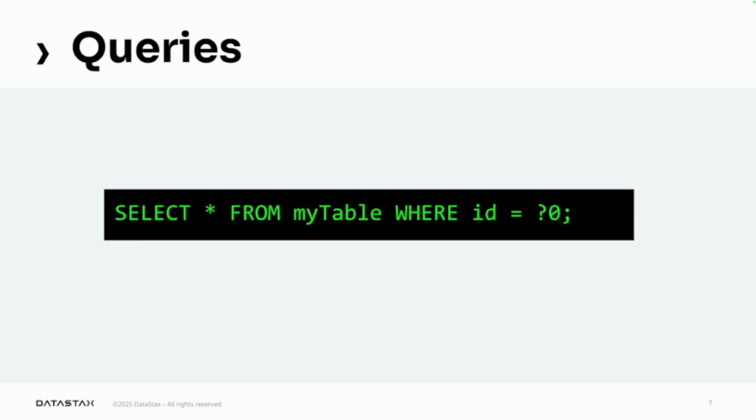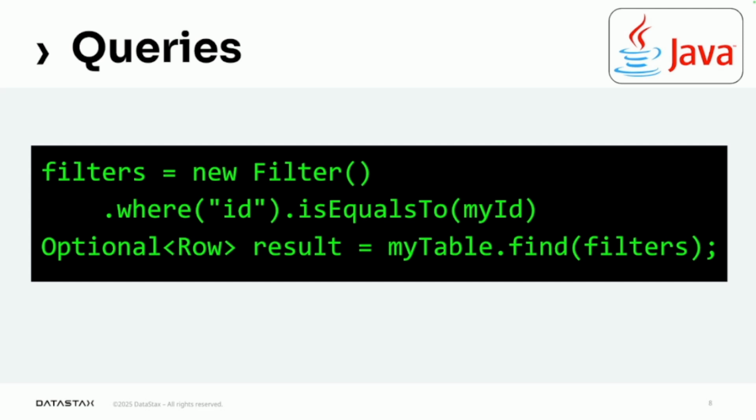Of course, a straight up query that you've seen in CQL looks kind of like this. Select star from my table where ID equals, and whatever placeholder you have to inject your value. On the Table API side, it's very, very similar, nigh identical to how we work with the Data API, where we define our filter and we set it up.